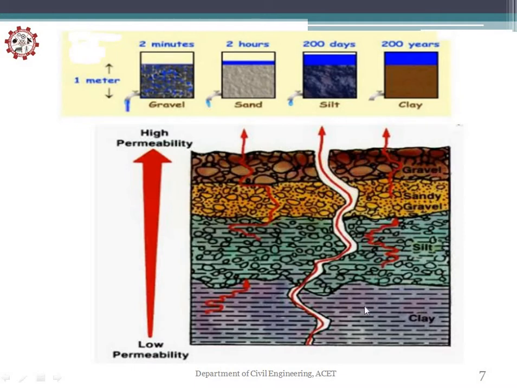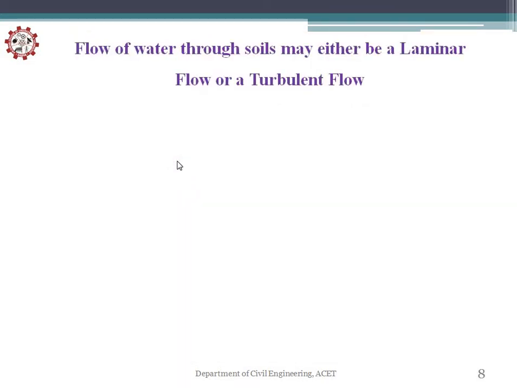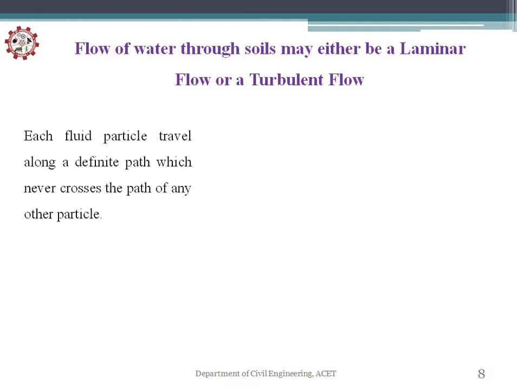So this only shows that the time duration for gravels is less than for clay soil. This is clay soil, silty soil, sandy soil and gravel, going from low permeability to high permeability with respect to water. Flow of water through soils may be either laminar flow or turbulent flow. So what do we mean by these two? Let us see.